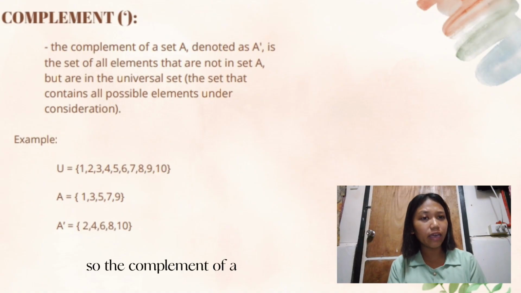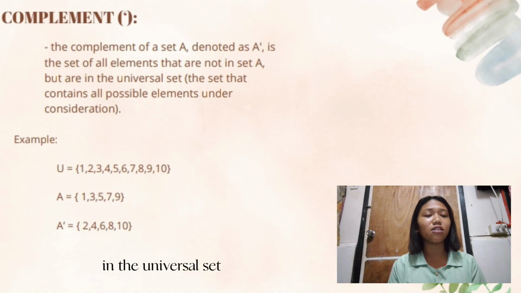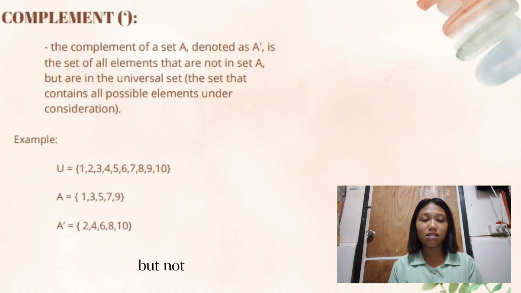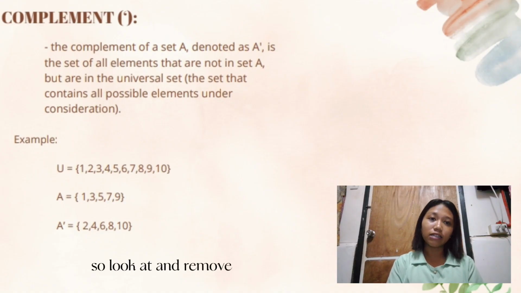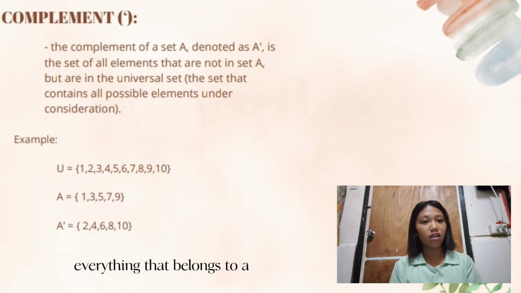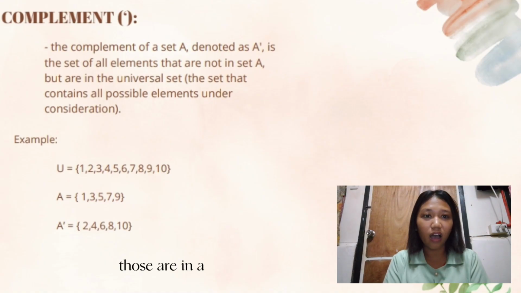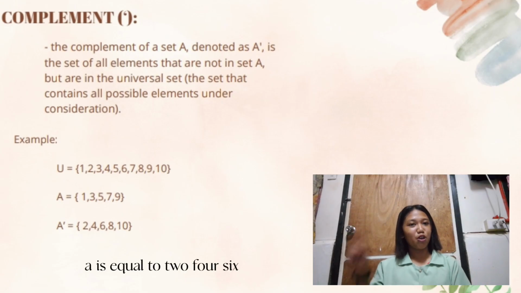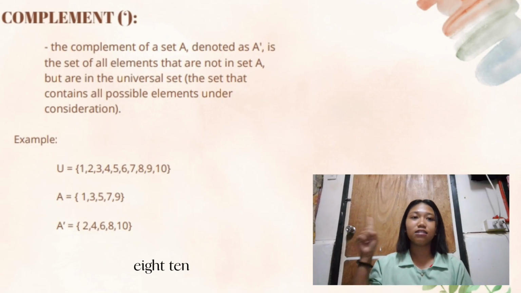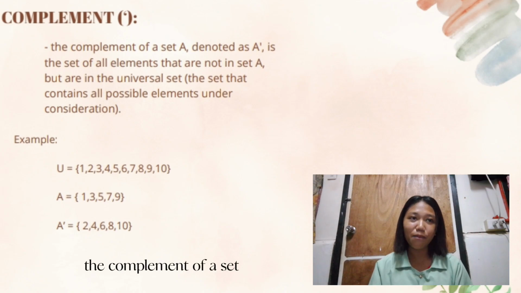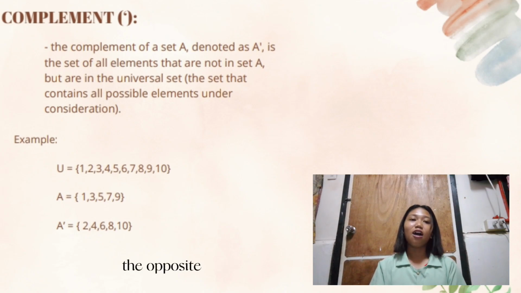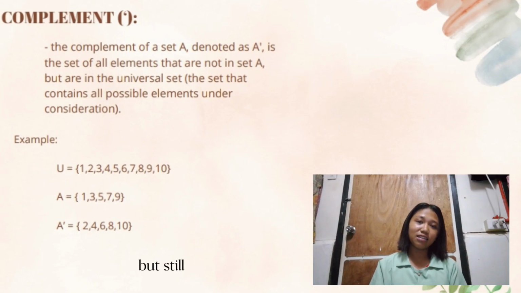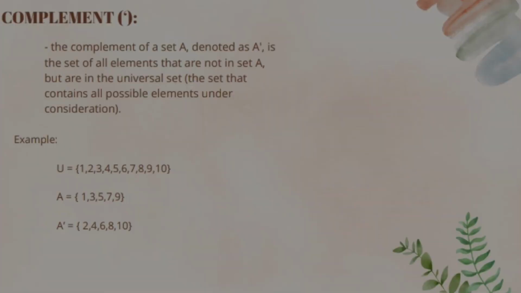The complement of A is all the elements in the universal set but not in A. So look at U and remove everything that belongs to A. Therefore, the complement of A is {2, 4, 6, 8, 10}. In other words, the complement of a set is basically the opposite group of elements: everything not in the set but still inside the universal set.